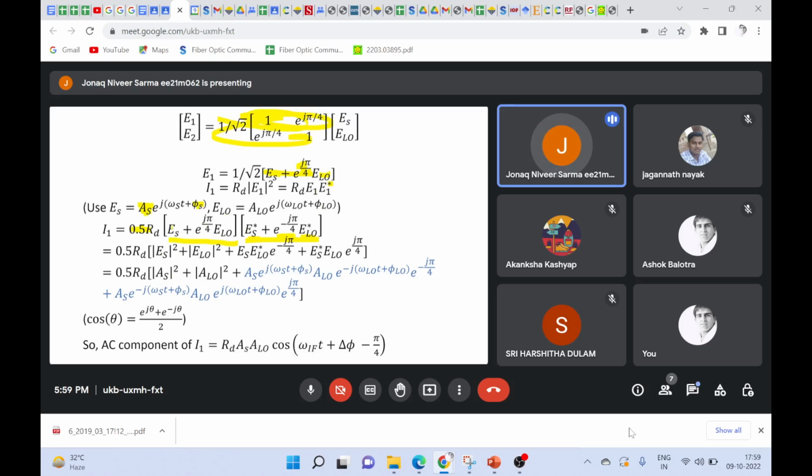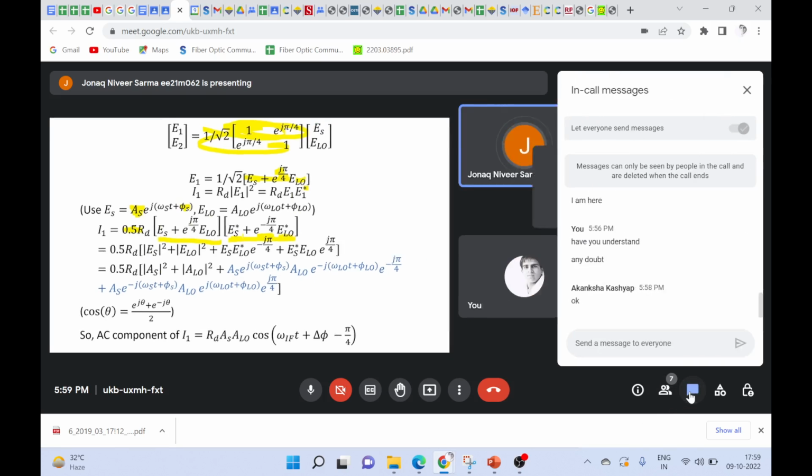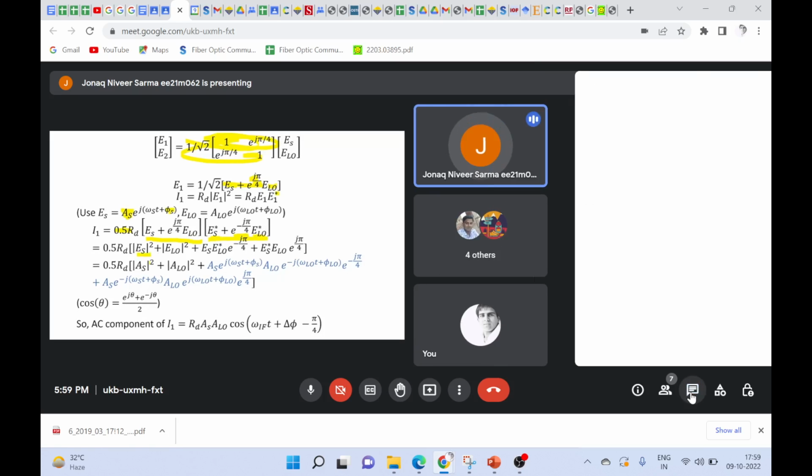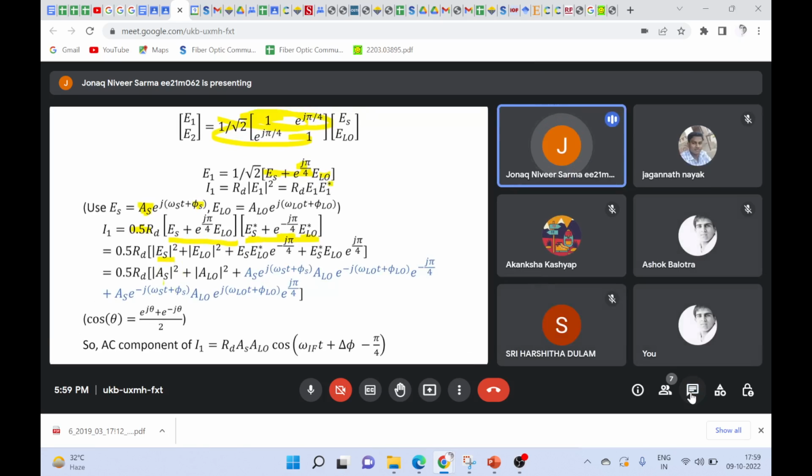And then we collect. ES times ES conjugate will come as this mod square of ES, which is also this AS term, because these phase terms will just cancel. Similarly for ELO. And then there will be these two terms: multiplication of ES times e to the power minus j pi by 4 times ELO conjugate, that is this term, and similarly another term for this multiplication, which is this term.